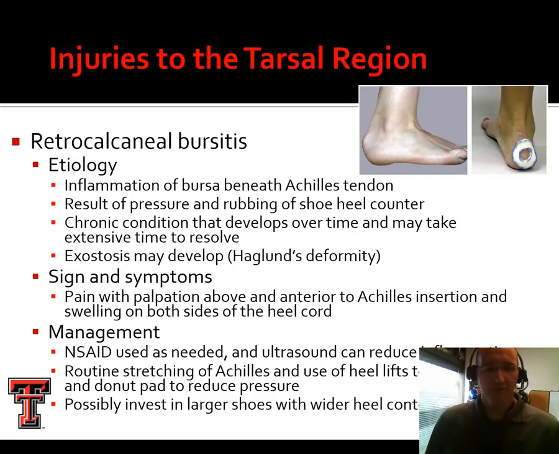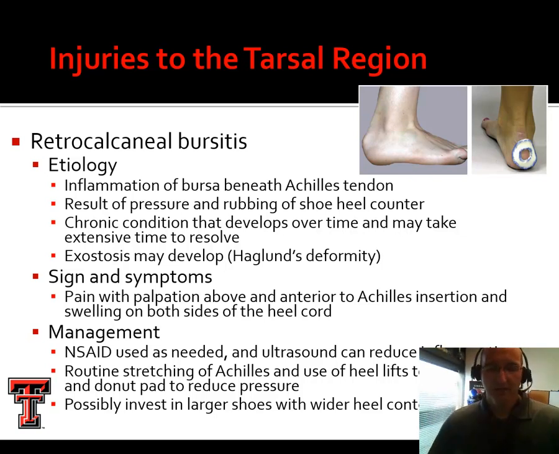It's not just heels, but it could also be regular shoes if they've got poor padding at the Achilles tendon. This is usually a chronic condition that develops over time. It may take a while to resolve, but they may end up with a permanent deformity here, an exostosis, which is a calcification.